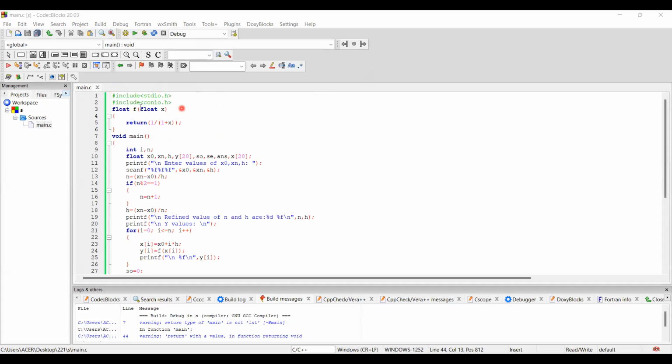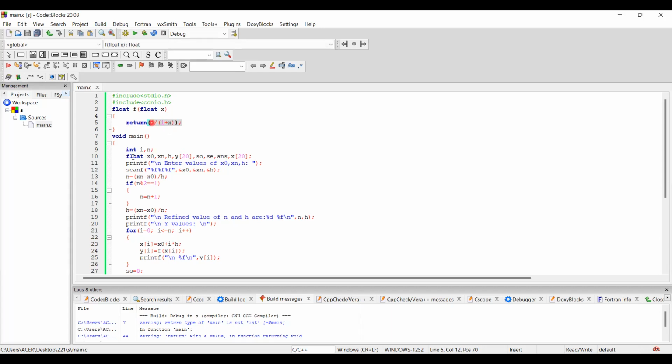So these are the library or the preprocessor section. Header files help us to access other code in our code. So these are the used standard input output. Here are the float f, float x. In here, return is where we input the equation or the function of x that needs to be evaluated.